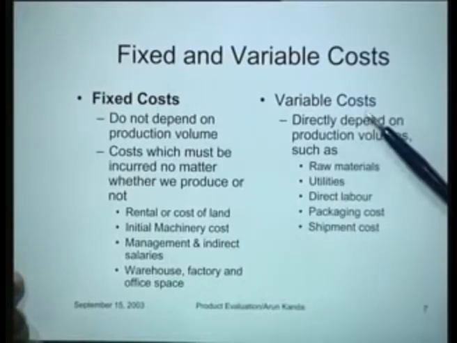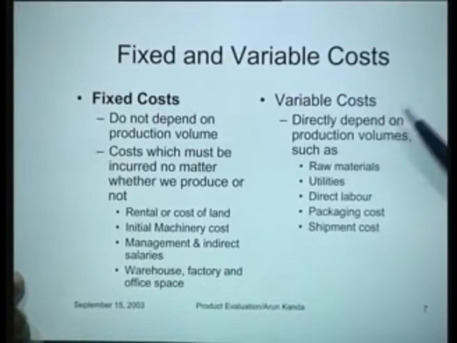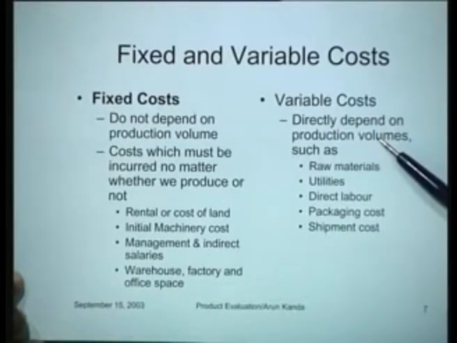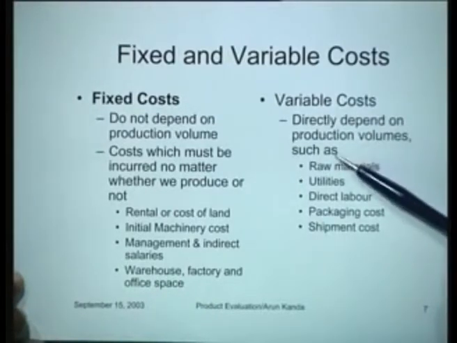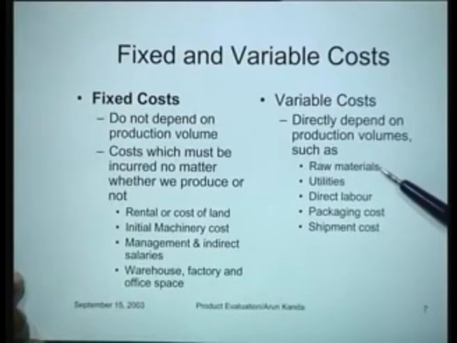And when you talk about variable costs, you're talking about costs which directly depend upon production volumes, such as raw materials. So if you're talking about Maruti Udyog Limited, the cost of steel which goes in as raw material for their stamping division to make the bodies is directly dependent upon the number of cars produced. Okay? So raw materials of all kinds.